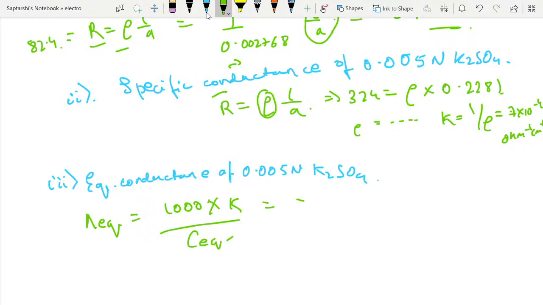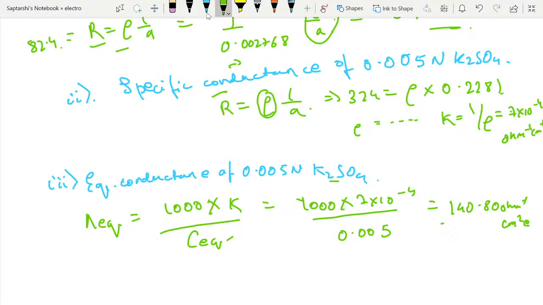So kappa we just found out, right? 1000 into kappa. Kappa is what we just found, 7 into 10 to the power minus 4 for K2SO4, and C equivalent is given as 0.005, and then we'll get the answer as 140.80 ohm inverse centimeter squared equivalent inverse.